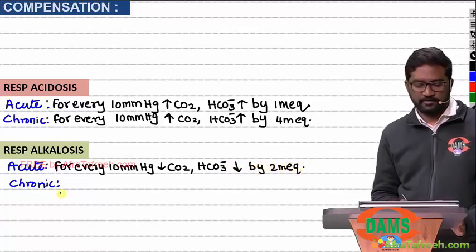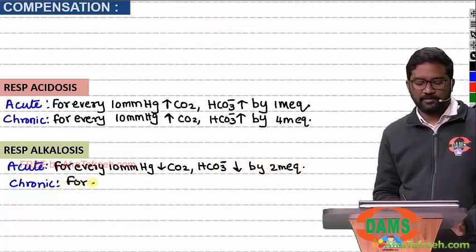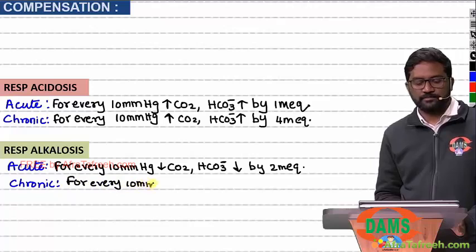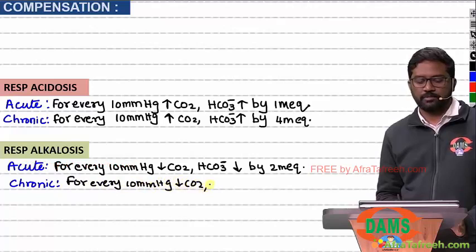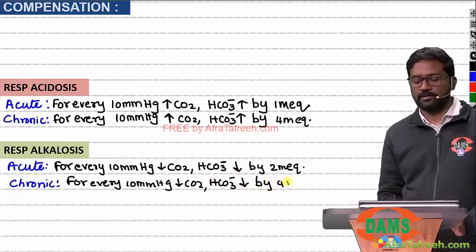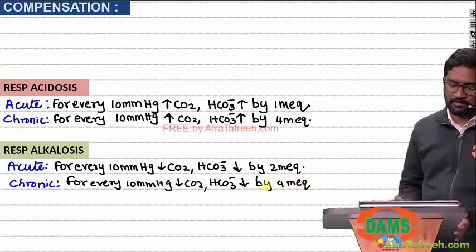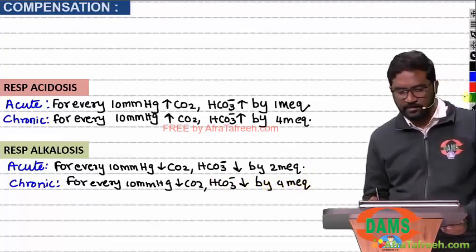Slightly different formula: for every 10 mm Hg decrease in CO2 in chronic, bicarbonate decreases by 4 milliequivalents. So now if you do a question, you will understand this better.